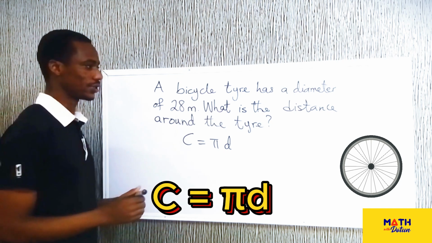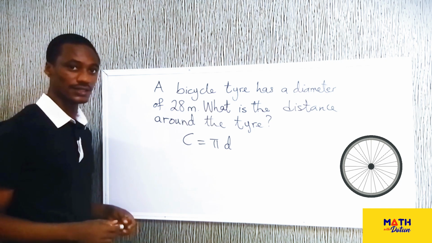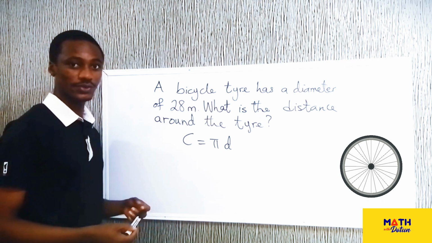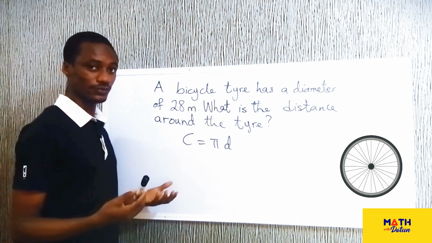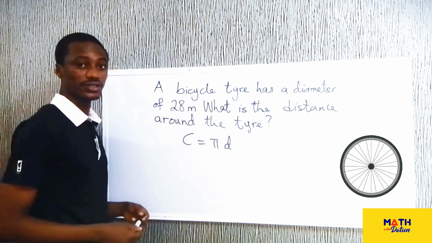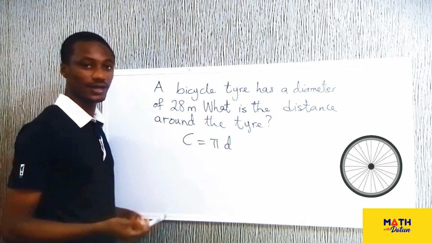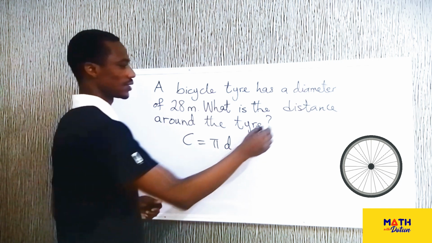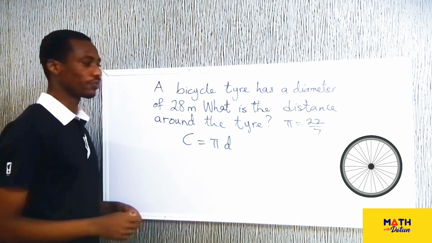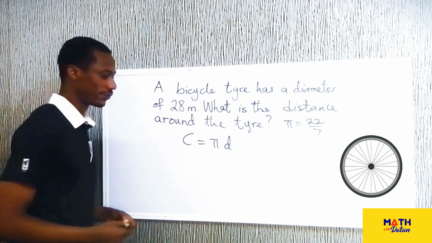We are not given the value of pi, but remember what I said in our previous video: once you're calculating the circumference or area of a circle and you're not given the value of pi, but your diameter or radius is given in multiples of 7, that's 7, 14, 28, 35, 49, then you simply take your pi as 22 over 7. That should be very easy for you to simplify.